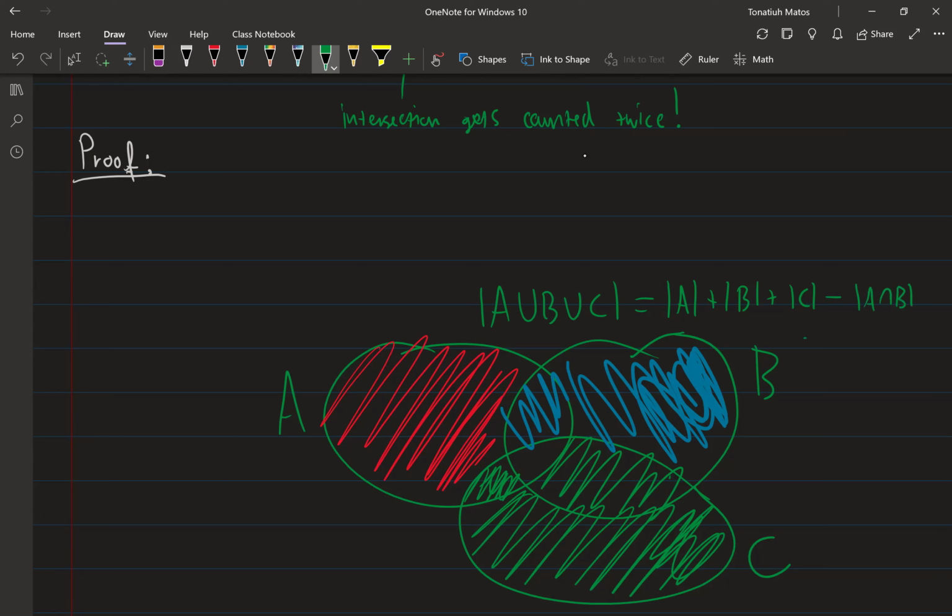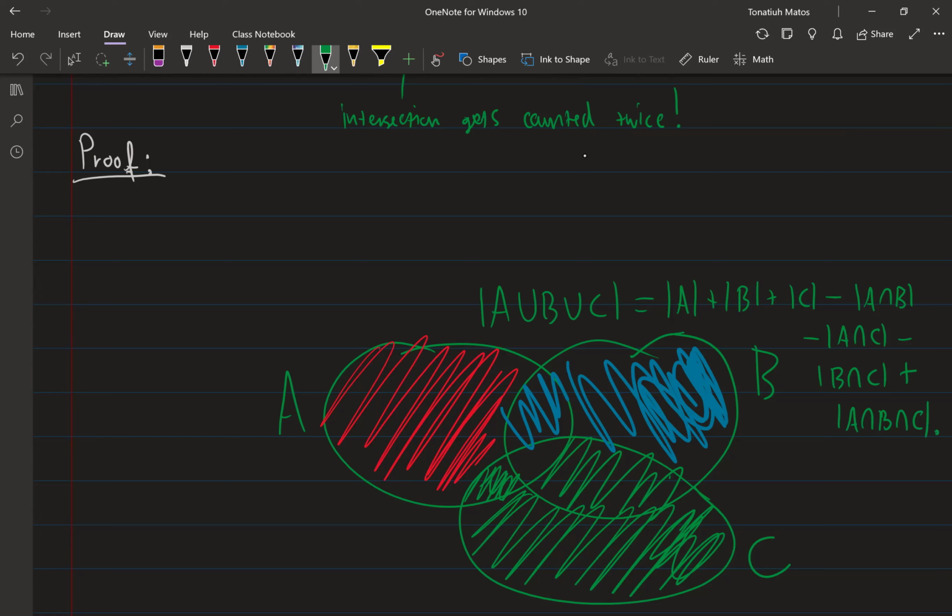So A intersection B minus A intersection C minus, how many do I have? B intersection C, not union, intersection. But then the very center, as you can see now, is empty. So those elements didn't get counted at all. So I have to add it back. A intersection B intersection C. And you can see where this is going, right?